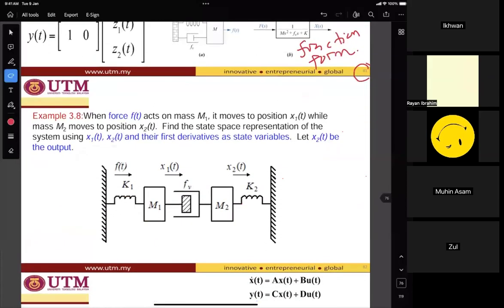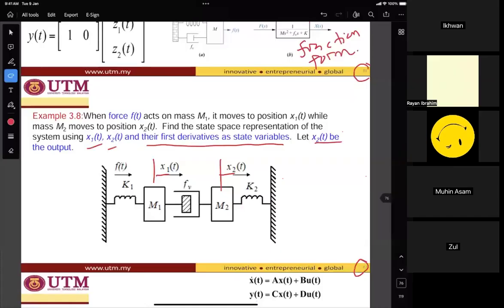Next, slide number 82, Example 3.8. When force F(t) acts on mass M1, it moves to the position x1, while mass 2 moves to the position x2. Find the state space representation of the system using x1, x2, and their first derivatives as the state variables.